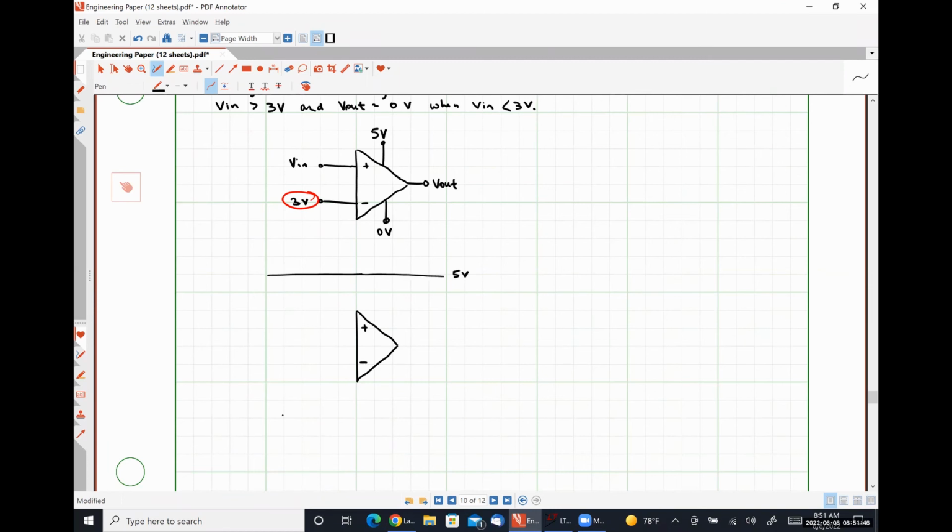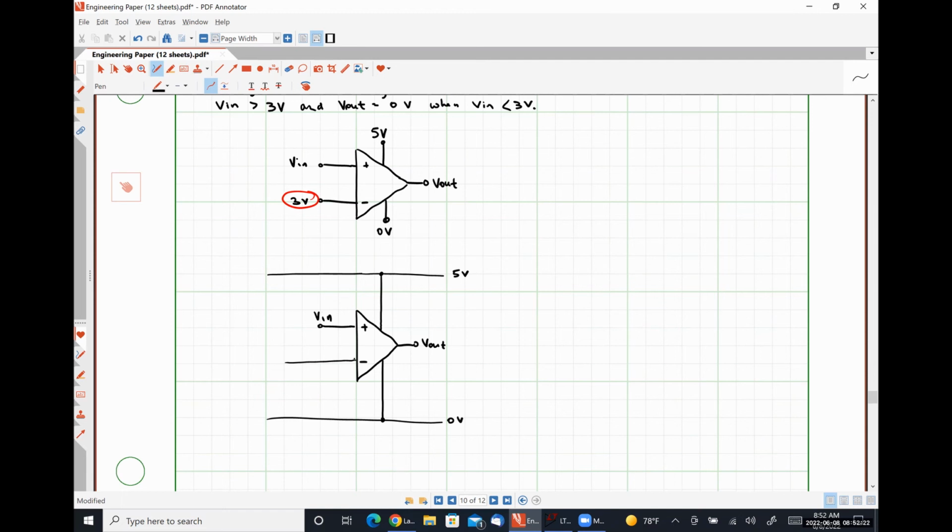And I'm going to give myself a 0-volt or ground supply rail here at the bottom. And we know that our positive supply voltage is attached to 5 volts. Our negative supply voltage is attached to 0 volts. Here's where we put our input signal, V in. And what I'm going to do for our reference signal is I'm going to just use a voltage divider network to supply that, right?